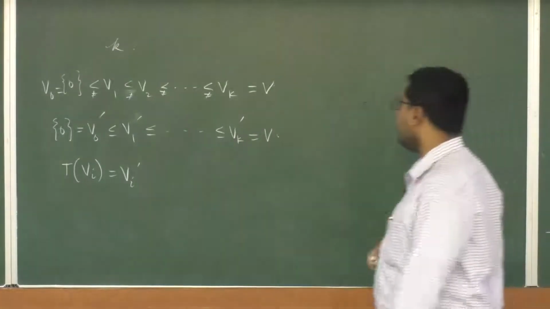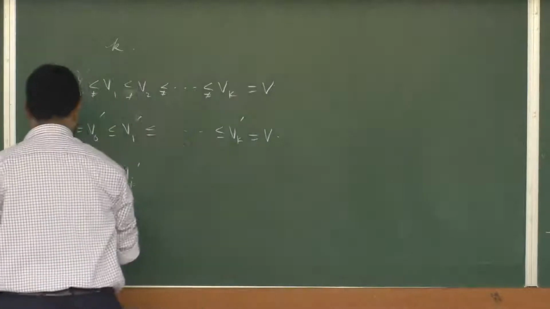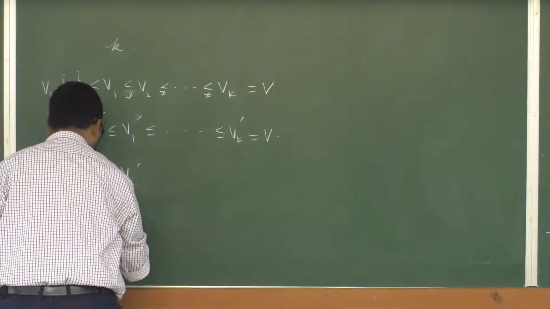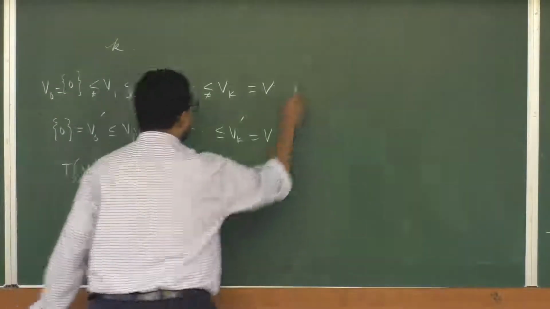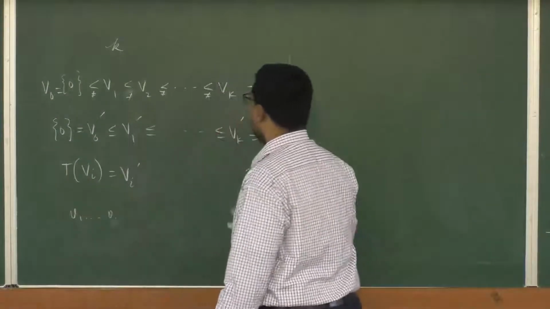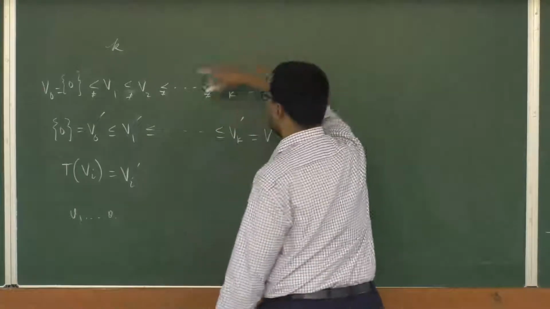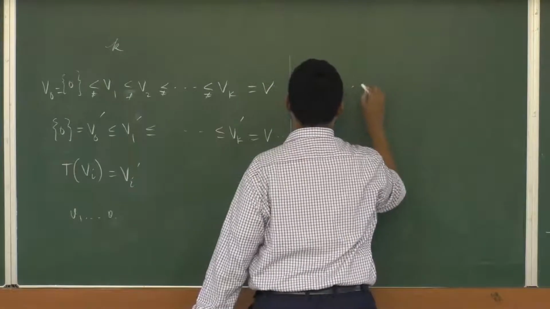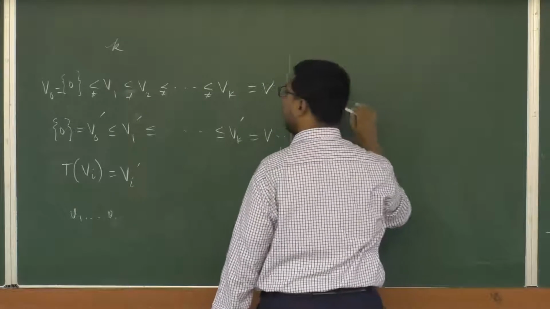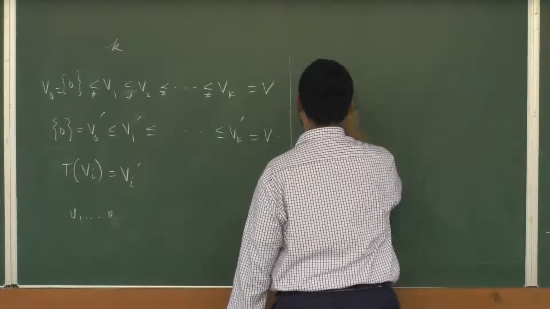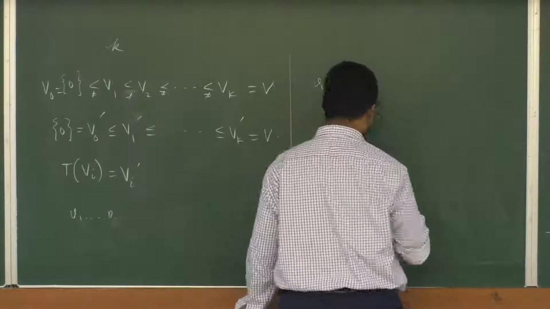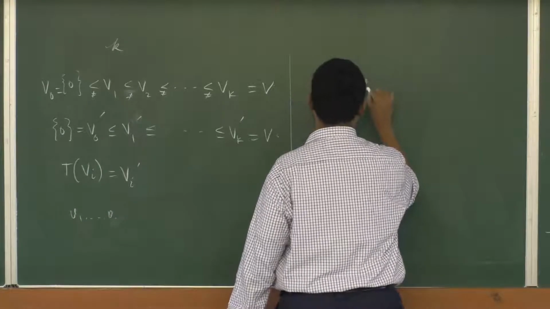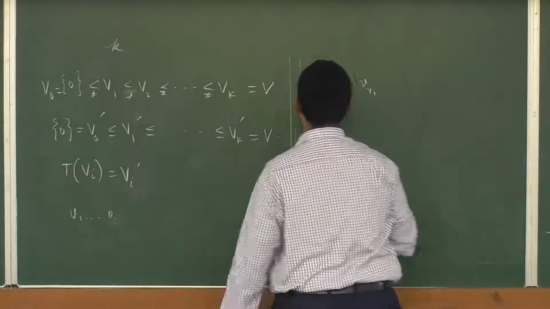So suppose we start with a basis here. Let V1 up to VR1 be a basis of V1.